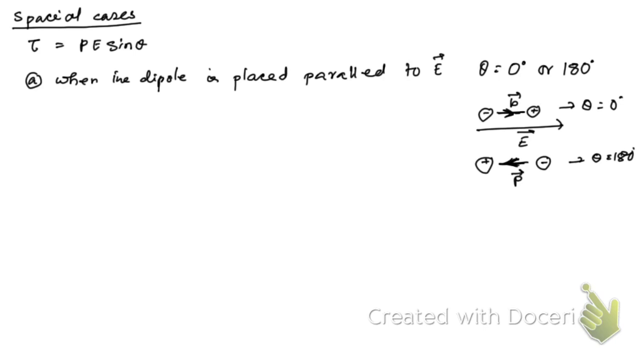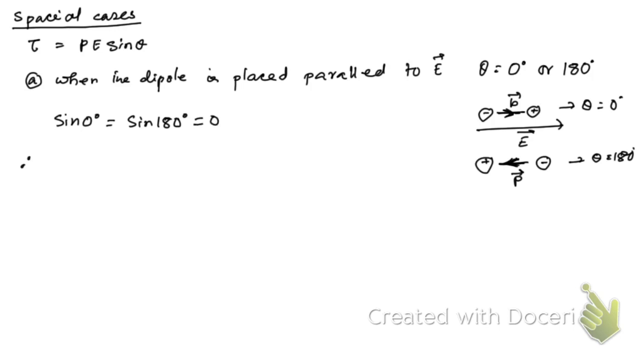In both cases, sine 0 degree is equal to sine 180 degree, both equal to 0, right?